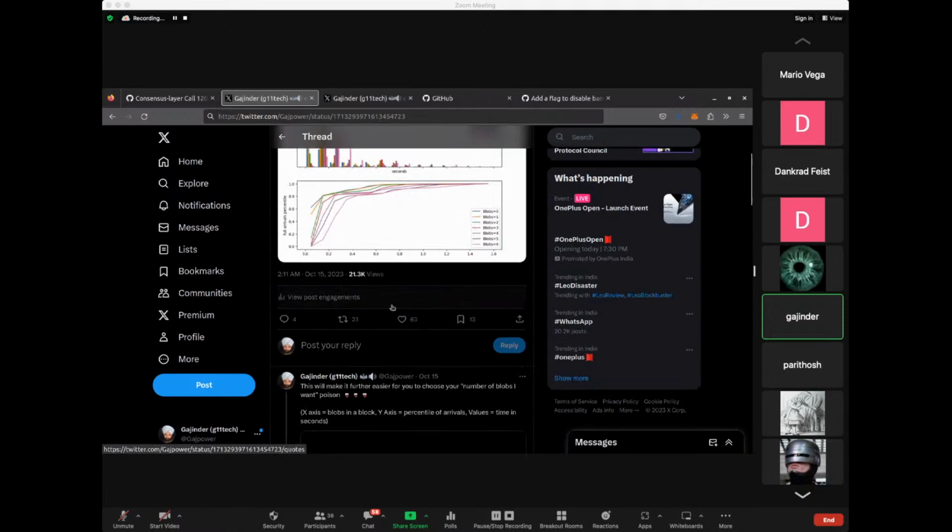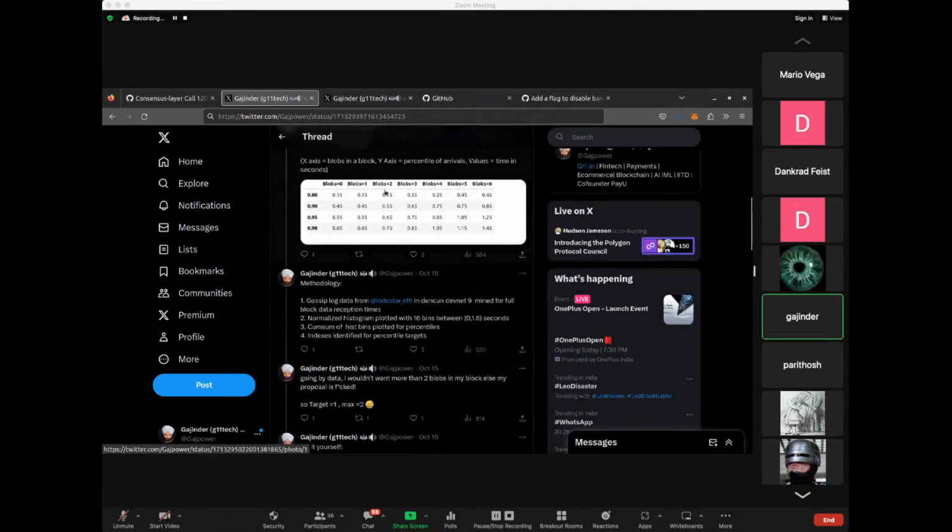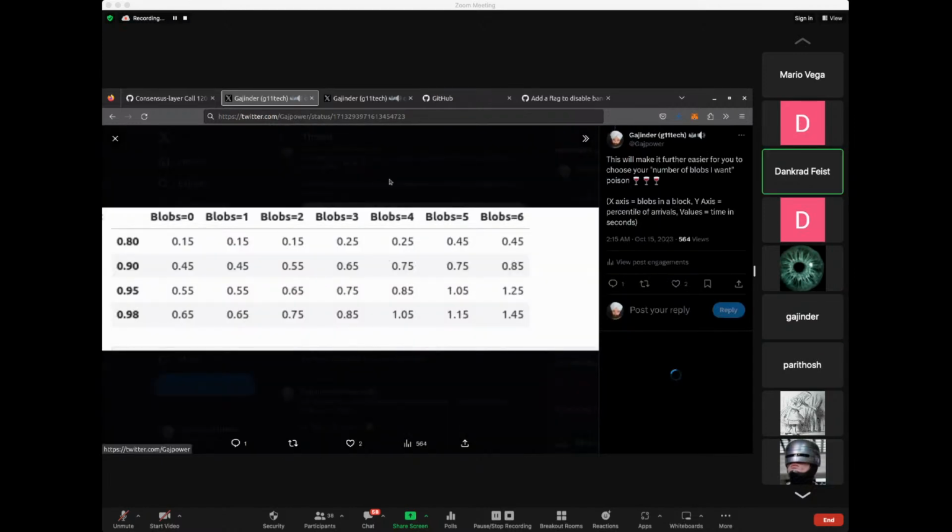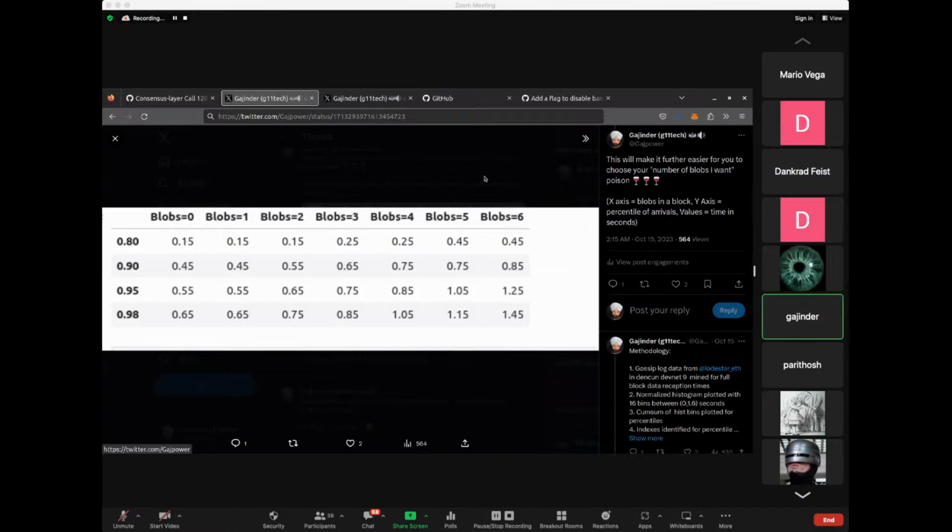Right, but these scores are with respect to the actual blob latency observed on Devnet 9. Blobs equal to 0 is when you see a block with no blobs, and if there is a significant diff between blobs equal to 0 and blobs equal to 6, that means increasing the number of blobs is adding to the latency.